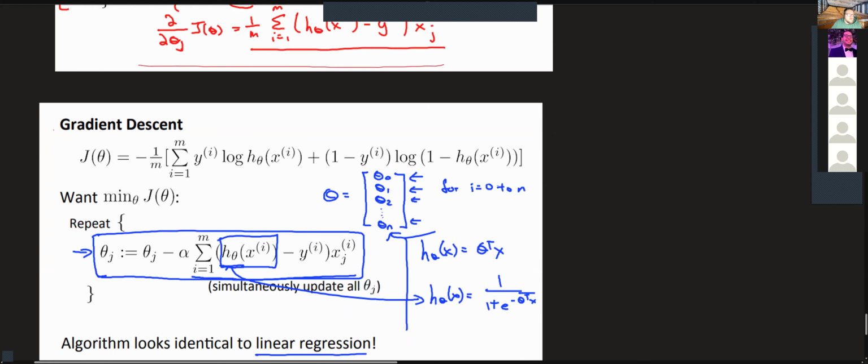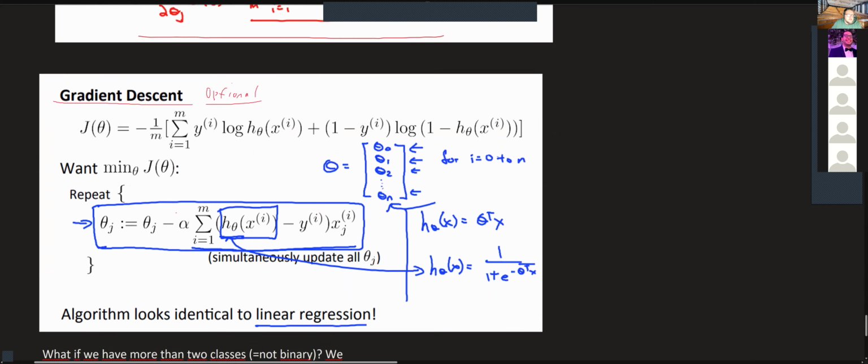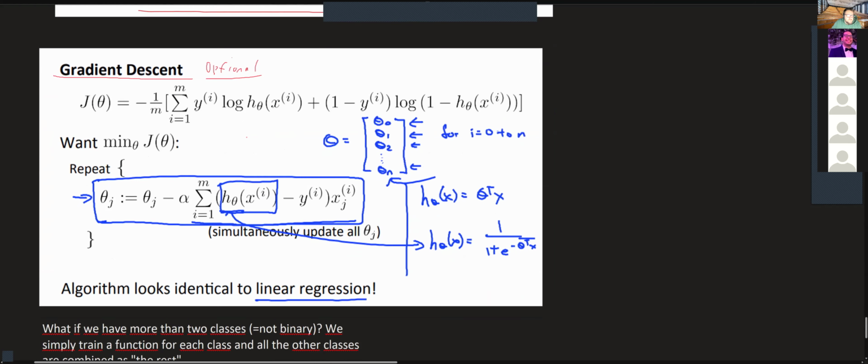This part is optional. If you want to know, you can look at the derivative, and basically the derivative boils down to almost the same thing. If we generalize it, it's almost the same derivative as in linear regression. This is a cool thing you can look at or not, but if we derive it, this is it.